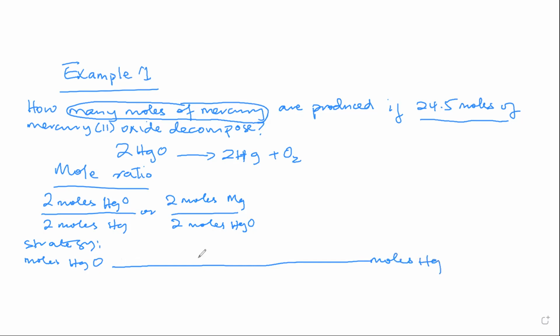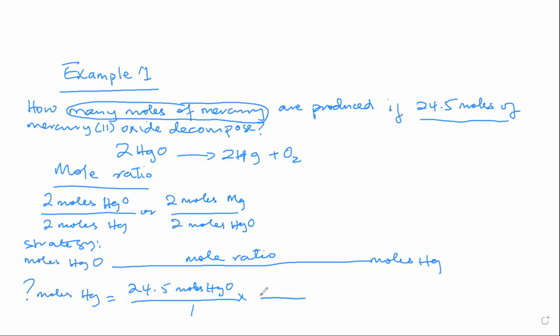mercury. This is the easiest question you can ask in stoichiometry. So we want to find moles of mercury. We know we have 24.5 moles of mercury(II) oxide over 1.